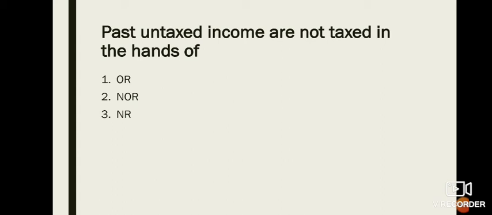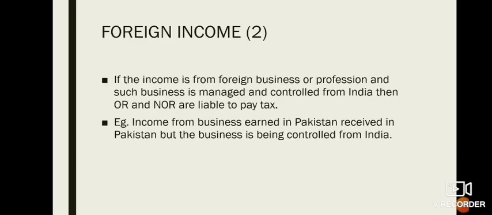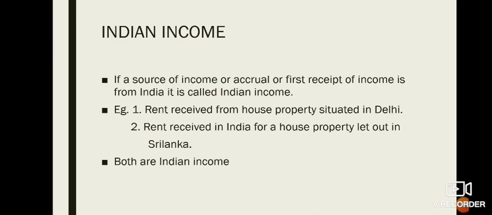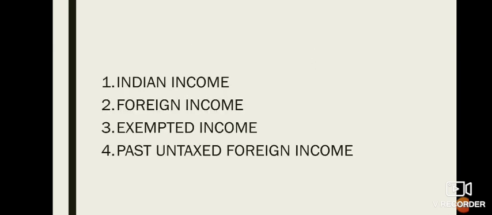That means when we are calculating total income based on residential status, we just need to consider the first 2 points or first 2 incomes. That is, Indian income is taxable in all the 3 hands, meaning ordinarily resident, not ordinarily resident and non-resident have to pay tax on it.